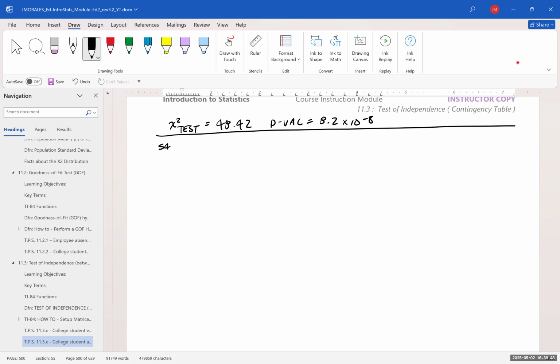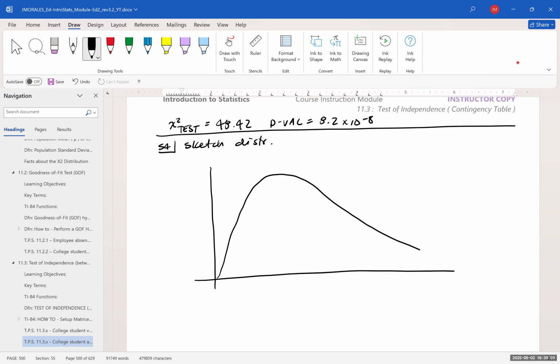All right, so step 4 is we're going to sketch our distribution. And it's right-tailed. It looks something like that. And yes, right-tailed. So there's our chi-squared critical value.